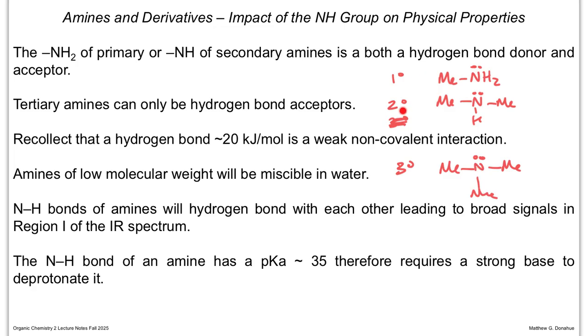So the primary and secondary can be hydrogen bond donors and acceptors. The tertiary can only be an acceptor. And so again, that plays into how the IRs look in terms of NH stretching, and other physical properties like miscibility in water.